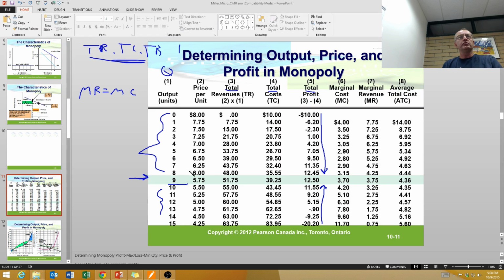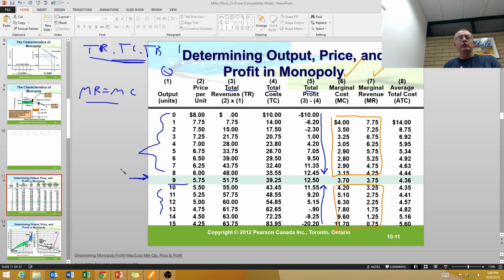So likewise, we can arrive at the same number of units by using the second method of equating marginal revenue with marginal cost. So I'm just going to draw a little box on the screen here. So here we have marginal revenues, here we have marginal costs. I wish they had put them in the proper order, but what the heck.